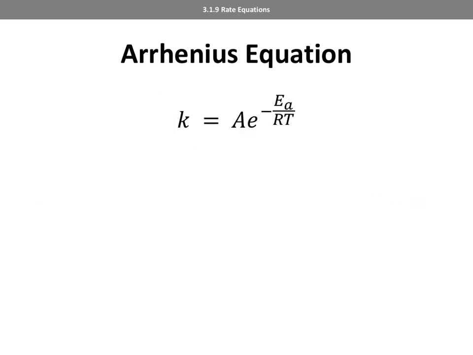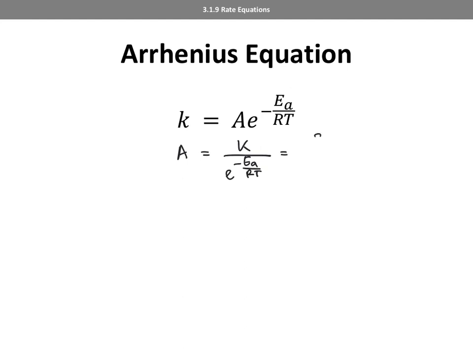The first thing to do is to rearrange the equation so that A is the subject. So we're going to divide both sides by e to the minus EA over RT. That gives us A equals k over e to the minus EA over RT. Now it's a question of substituting in the numbers.